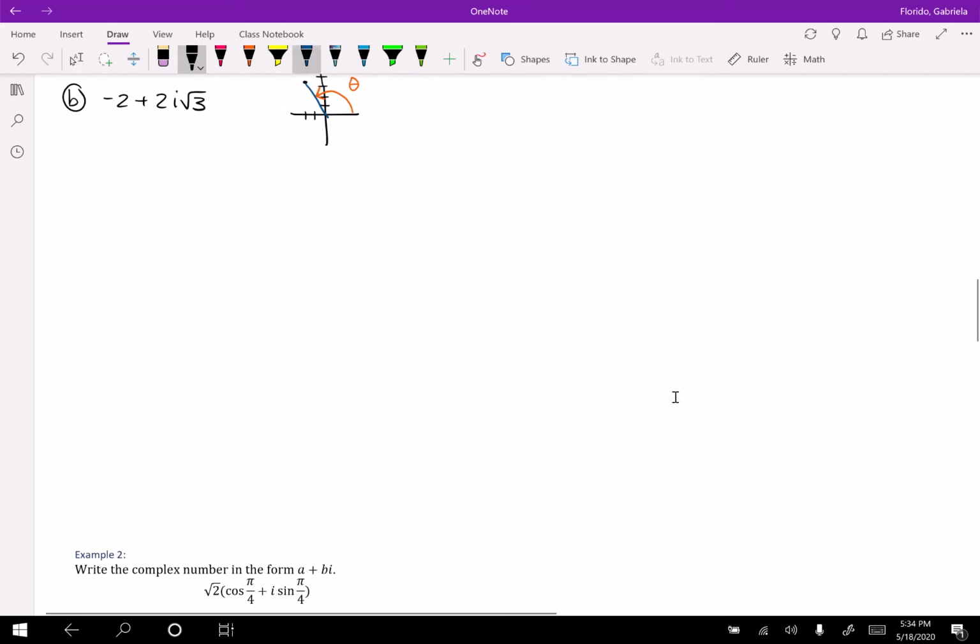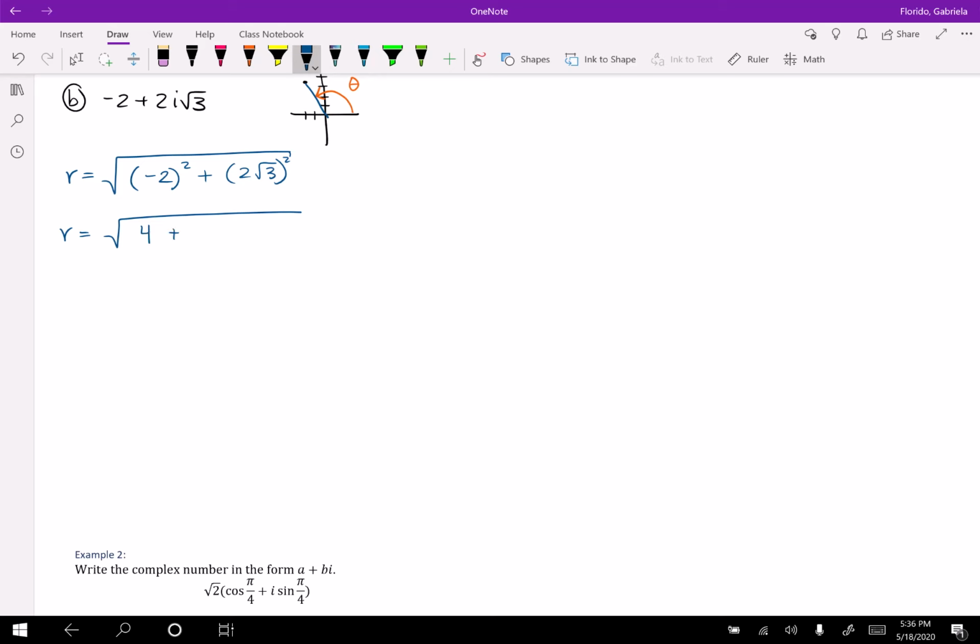Right, so let's actually find everything. So we know that R, the modulus, is defined to be the square root of my real part squared plus my imaginary part squared. So here we get R is equal to the square root of -2 squared gives us 4.